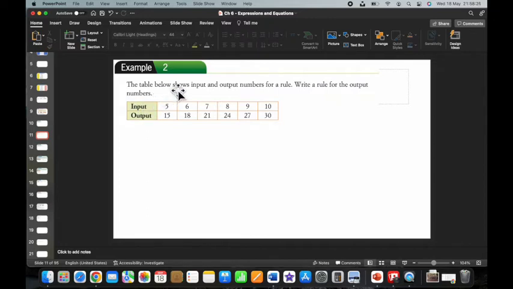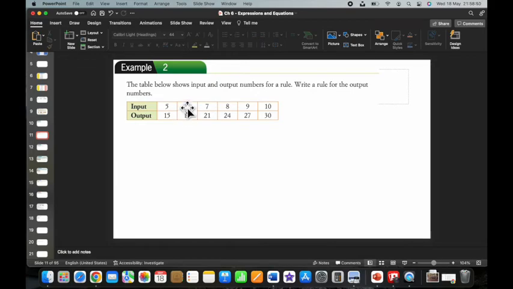Input 5, 6, 7, etc. So what has to happen to the input 5 to become the output of 15? Well, we can see it needs to be multiplied by 3, doesn't it? So the rule linking the input and output is the output is equal to the input multiplied by 3.